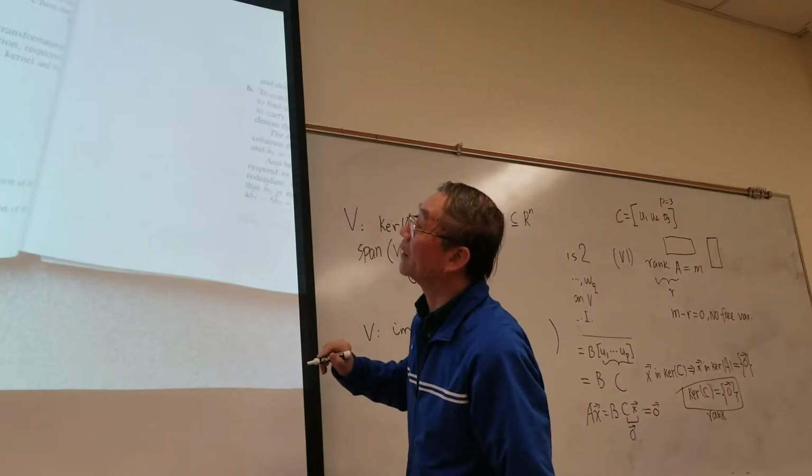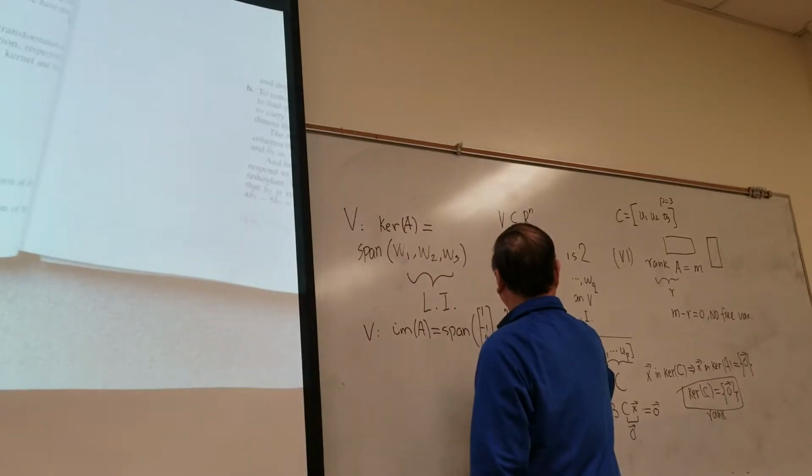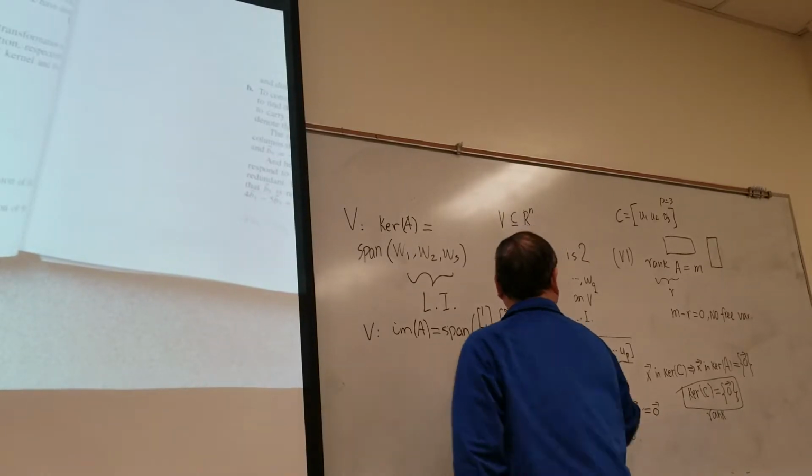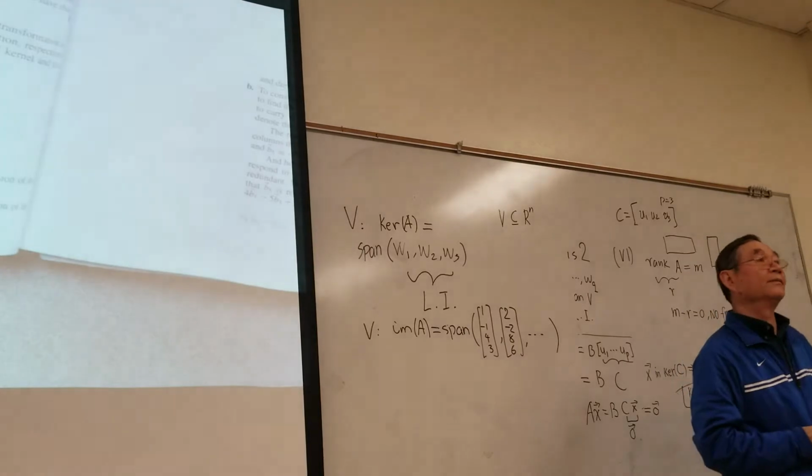And then 2, negative 2, 8, 6. So things like this. 5 of them, right? 5 columns.